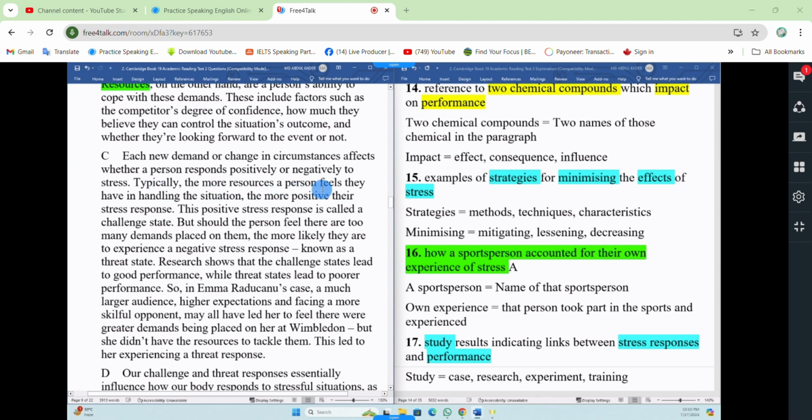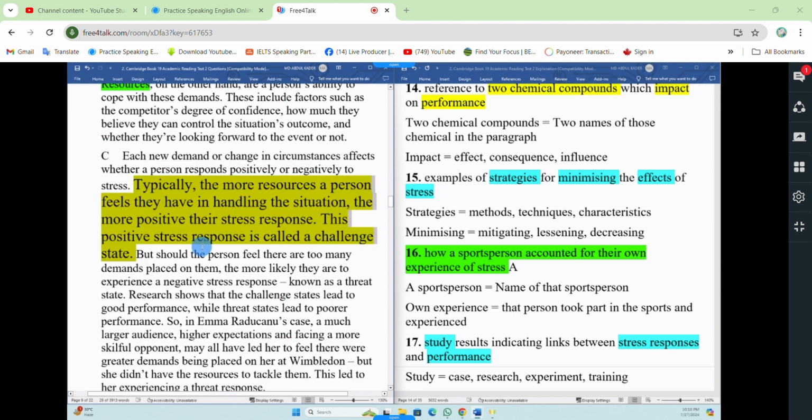Typically, the more resources a person feels they have in handling the situation, the more positive their stress response. Yes, this line says something important. Let me explain why. For example, I have more resources. I know how to play two hours.